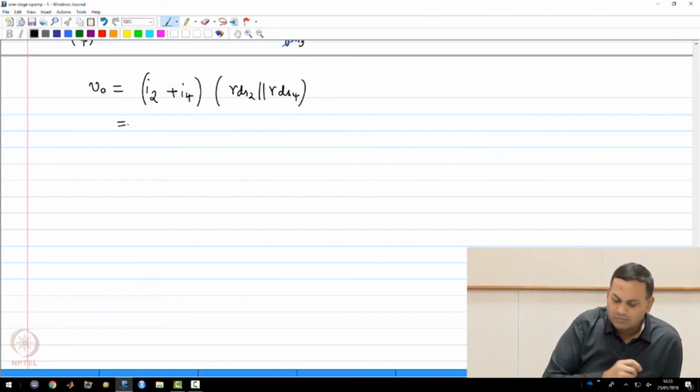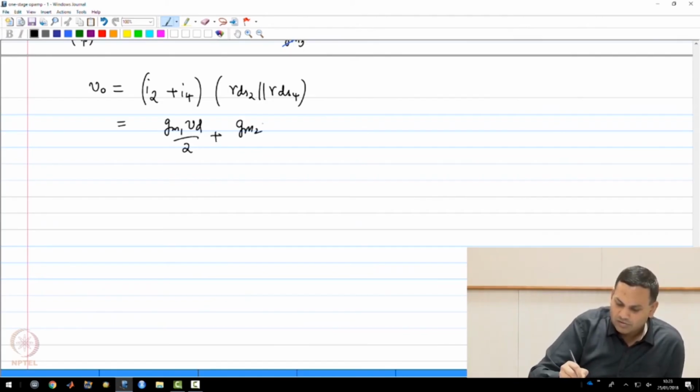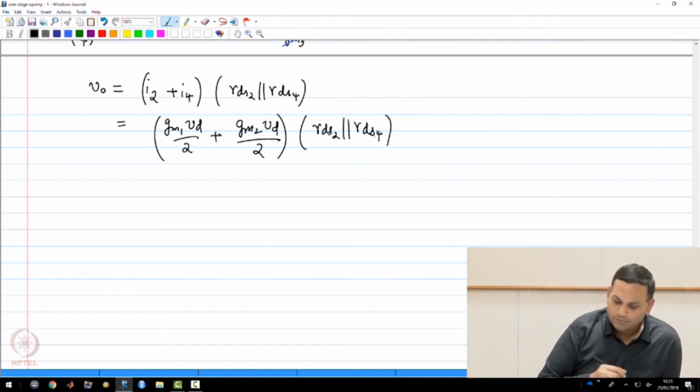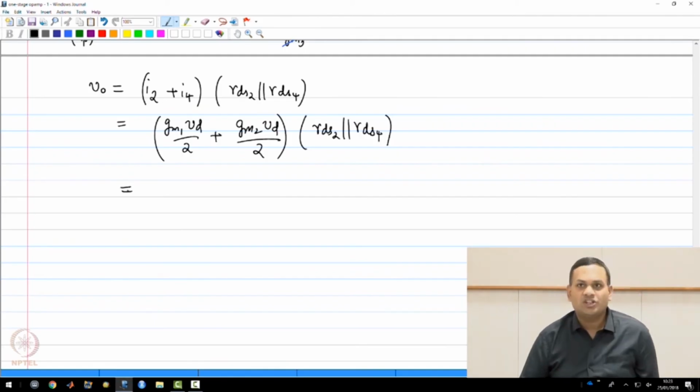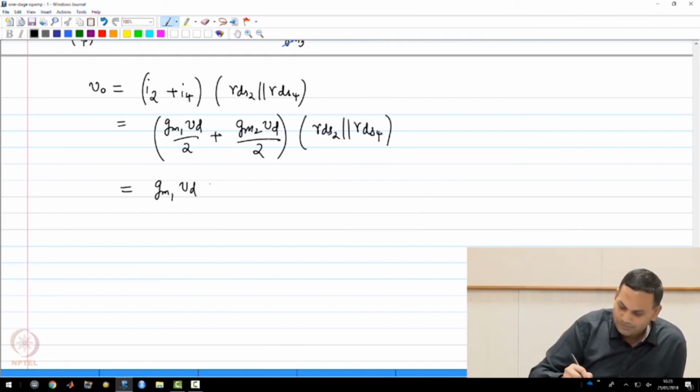So this is nothing but Gm1 Vd by 2 plus Gm2 Vd by 2 into RDS2 parallel RDS4. And since Gm1 and Gm2 are the same, I can now say this is Gm1 Vd into RDS2 parallel RDS4.